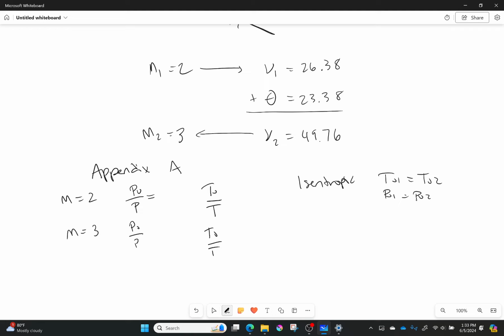This one right here is 7.824, and this is 1.8. And for 3, this would be equal to 36.73, and 2.8. Not too crazy.